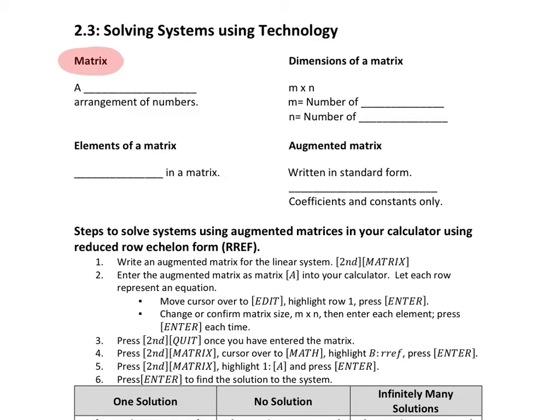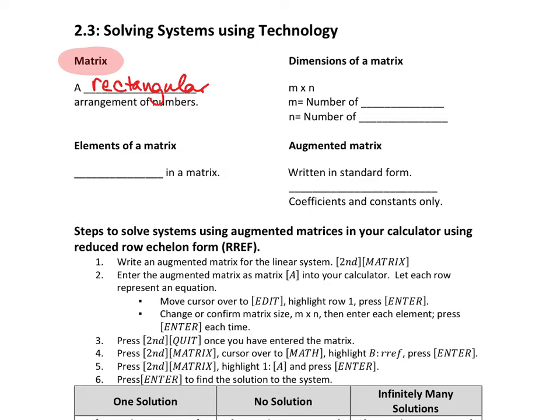A matrix is simply a rectangular arrangement of numbers. So we're going to take a system, and we're going to take the numbers from the system of equations, the x's, the y's, and today we're also going to have z's, x, y, and z. And we're going to put them in a rectangular arrangement.